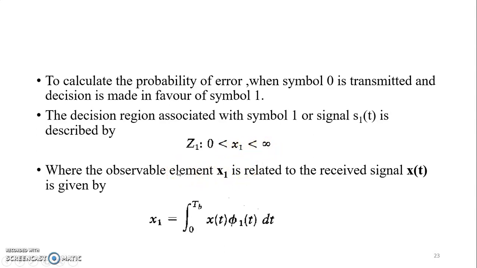The observable element x1 is related to the received signal x of t by x1 equal to the integral from 0 to Tb of x of t times phi 1 of t dt, that we had seen at the output of the correlator in the receiver block diagram. x1 is the observable element, that is, the output of the correlator.